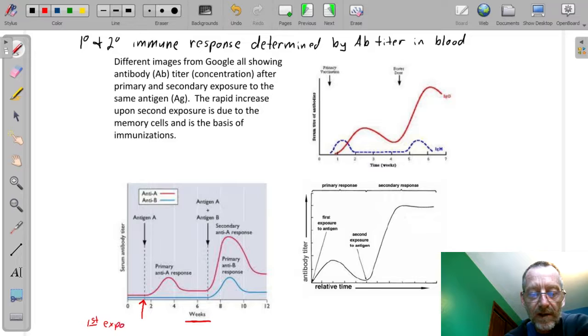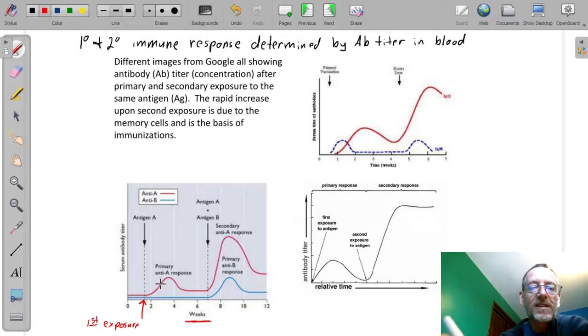So first exposure. And notice that, let's just follow the red line. There's a bump, and this is the primary response. This figure is talking about antigen A and antigen B. We can forget about antigen B and just look at antigen A. Just the red line is all I want to focus on.